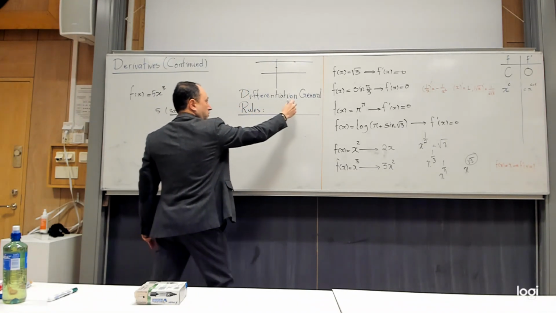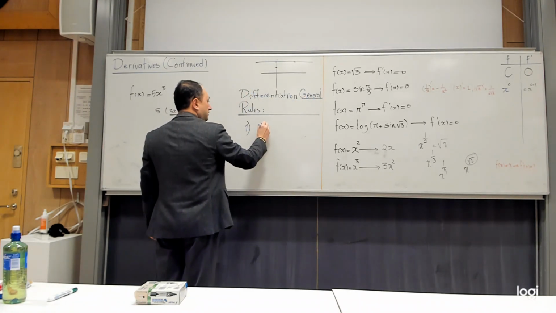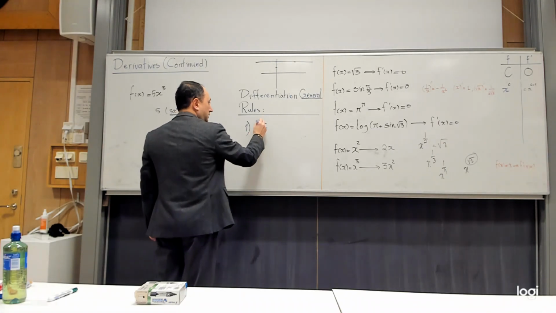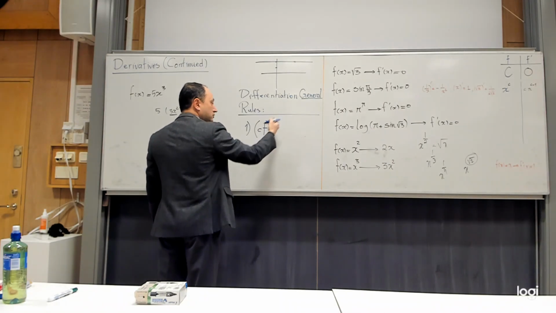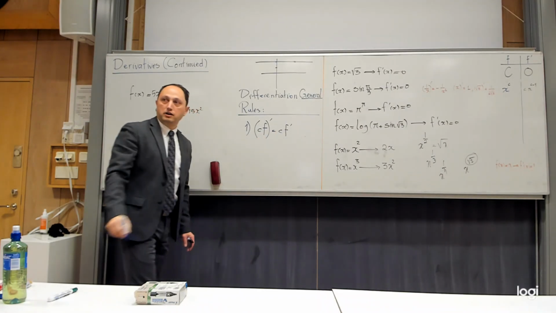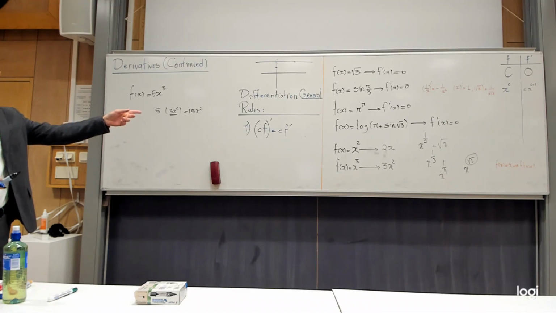I will say what I mean by general. So the first thing is that if you have a function, you multiply it by a constant, and if you want to differentiate it, then it turns out to be true that you just differentiate the function and multiply it by the constant c. Yes?